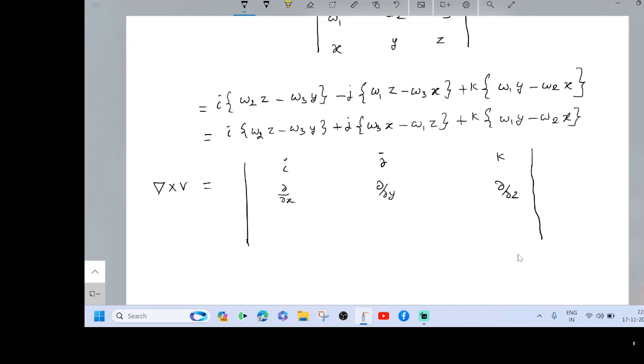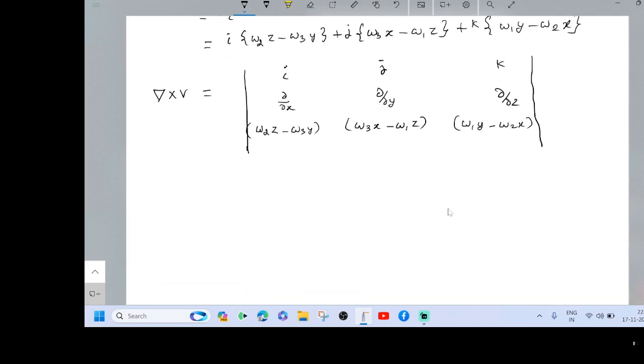The coefficient of i is omega 2 z minus omega 3 y. The coefficient of j is omega 3 x minus omega 1 z. Coefficient of k, omega 1 y minus omega 2 x.